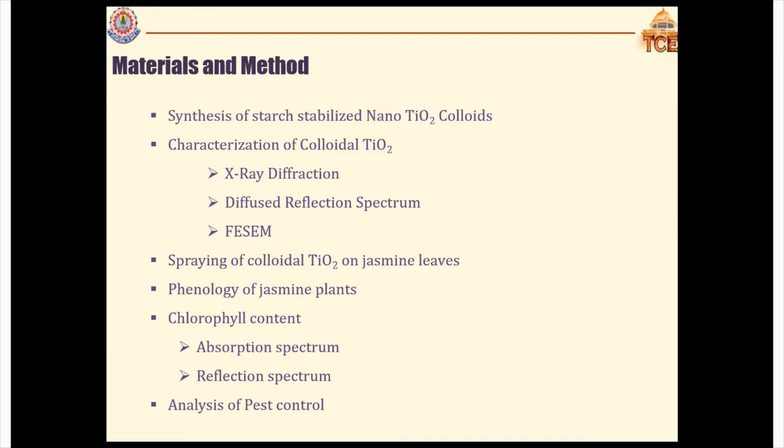Then we studied the phenology of jasmine plants and physiological studies like chlorophyll content by means of absorption spectrum and reflection spectrum. Then we also studied the pest control of jasmine plants.